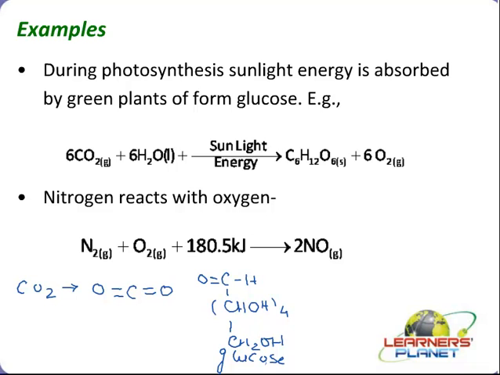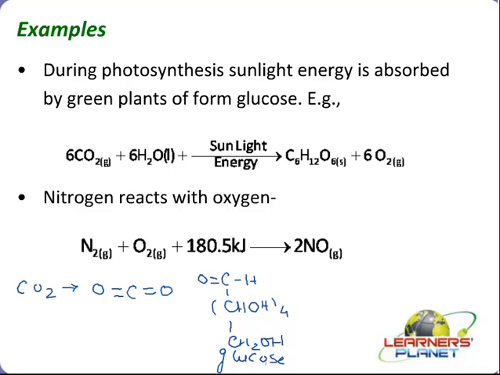Now I hope you have understood how to indicate the type of reaction, what all things you have to mention there. For example, change in color, you have to mention colors in the equation. For example, evolution of heat or absorption of heat, you have to mention it separately. Then only your equation will be complete.